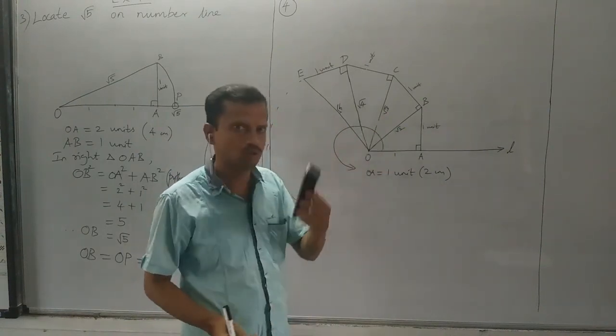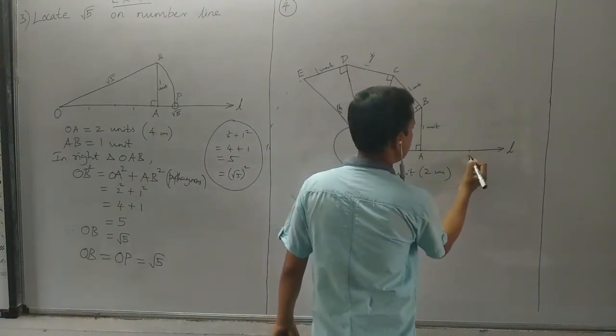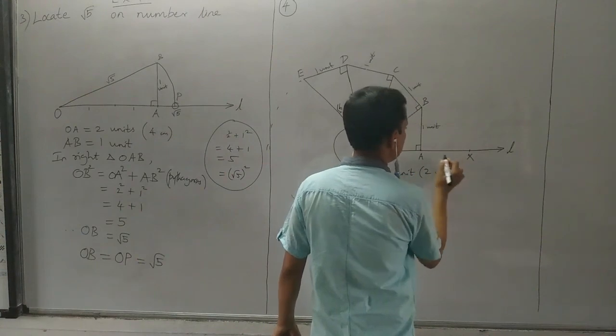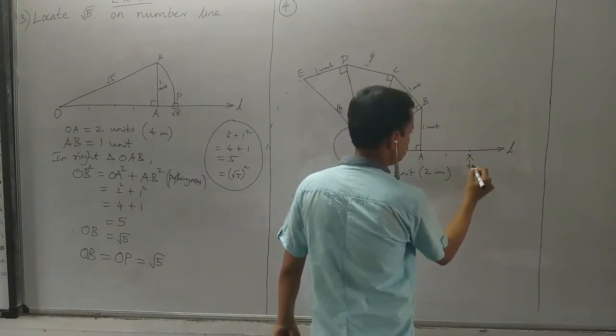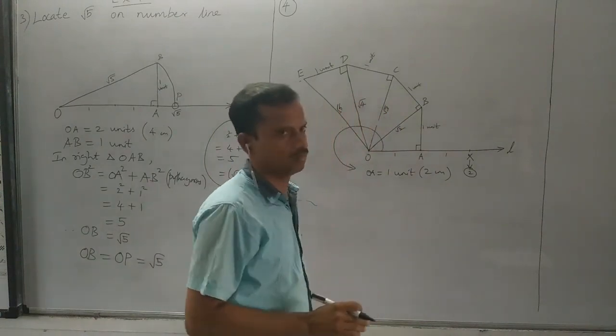Root 4 you know is 2. Here also this is 1 unit, and here also another 1 unit. So this is 2 units.